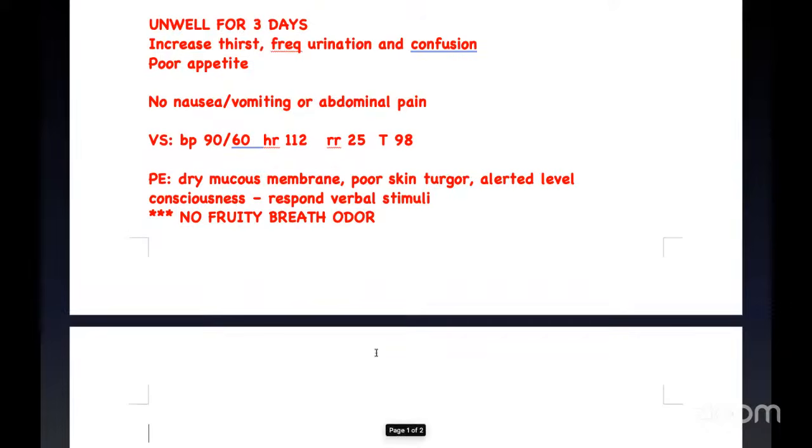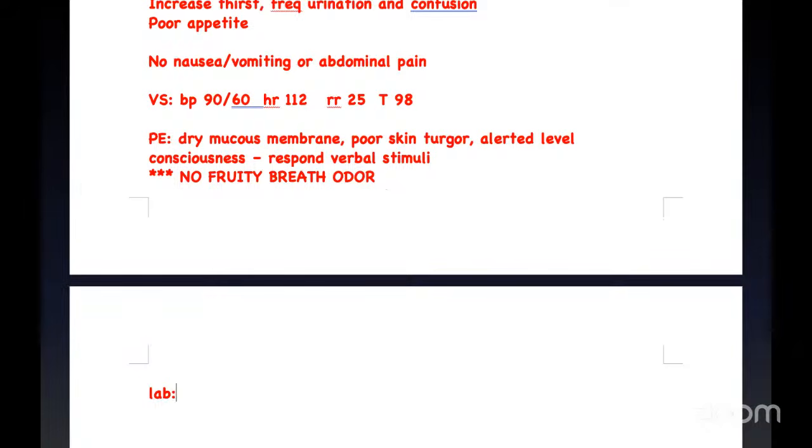If that's not enough, let me give you some lab work so that you can figure it out. His glucose is about, let me give you, 750 milligrams per deciliter, right? And his pH, this is key, is 7.37.